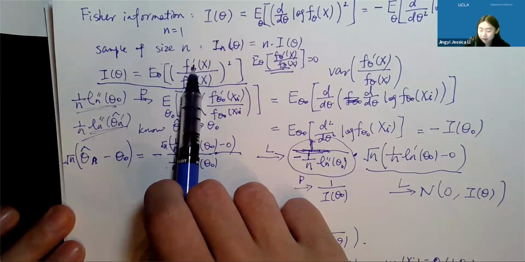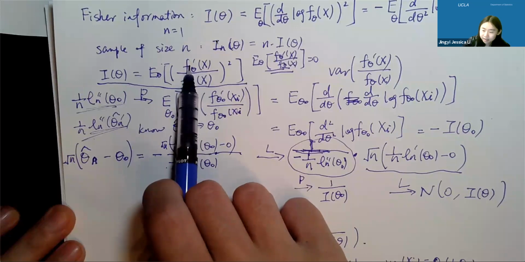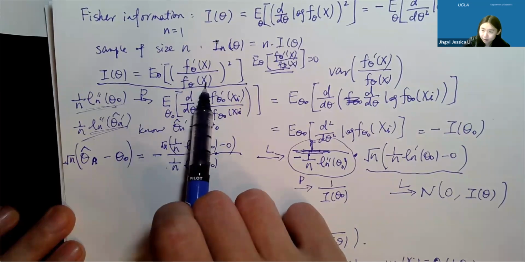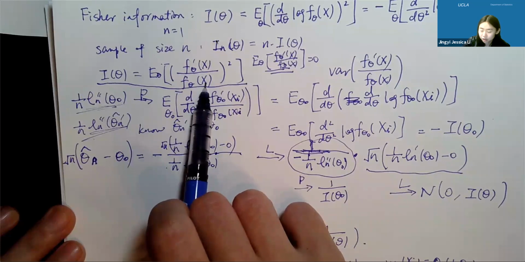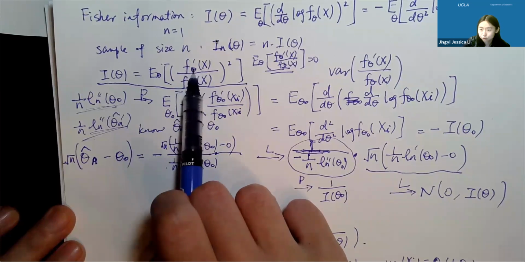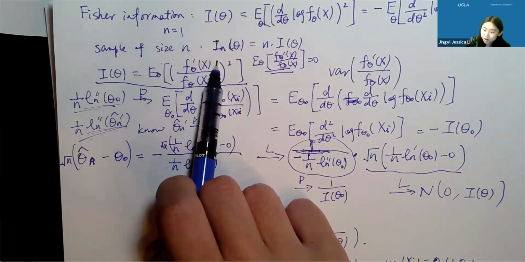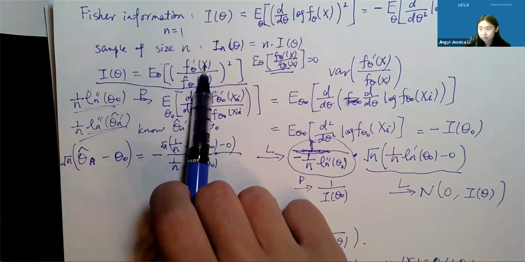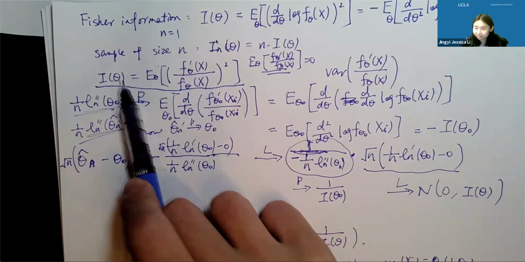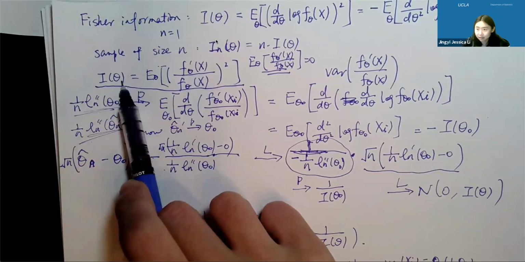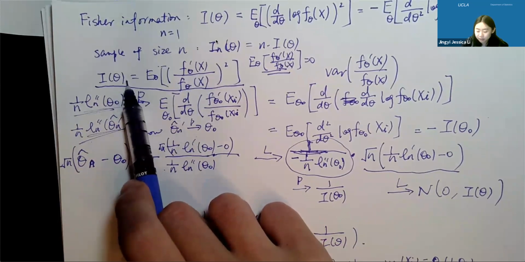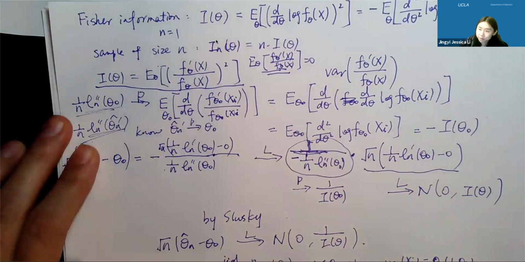You can imagine that if it changes a lot, it means that given your data, you have better ability to distinguish the value you currently have and the true value, because the true value is really distinctive. If you go away from it, you expect a big change in the density. Then that indicates the estimation problem for this true parameter is easy, because we know that the density will look very different at another value compared to the density at the true value. That's the intuition behind it.